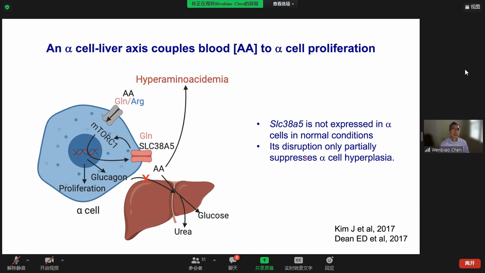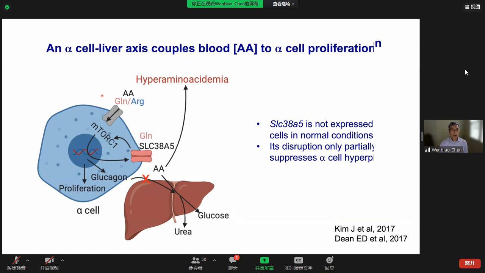So what are those? We took a candidate approach, thinking that if the alpha cells are already more sensitive to amino acids, and if we know that mTOR activation is required for alpha cell proliferation, then maybe there are amino acid transporters that are highly preferentially expressed in alpha cells, and those may be involved in the alpha cells' sensitivity to amino acids and also in mediating the amino acid response.